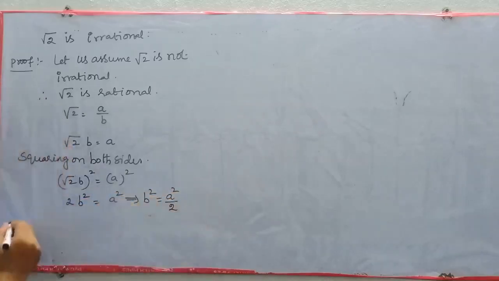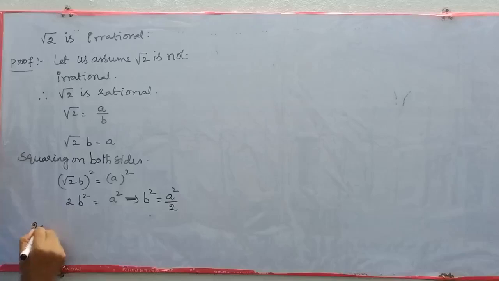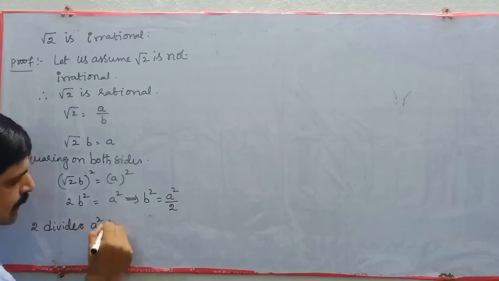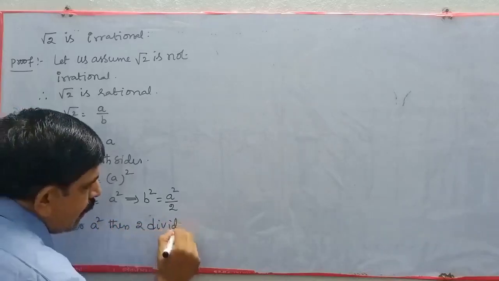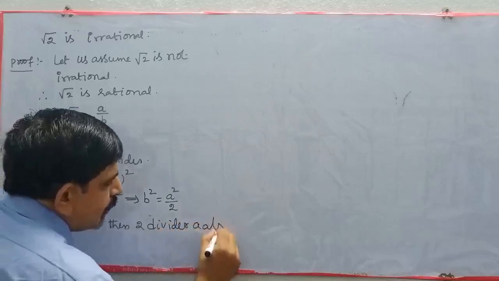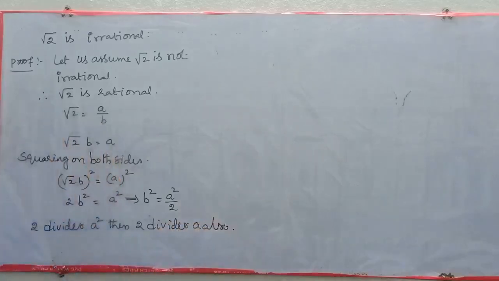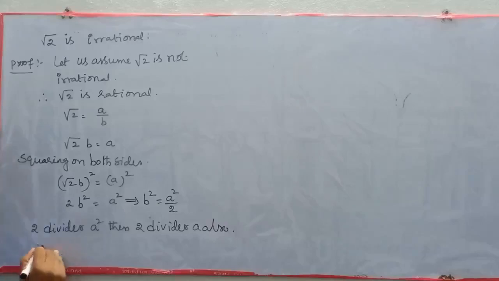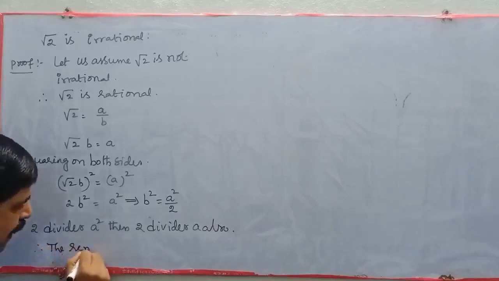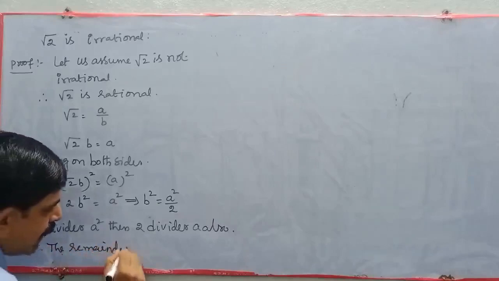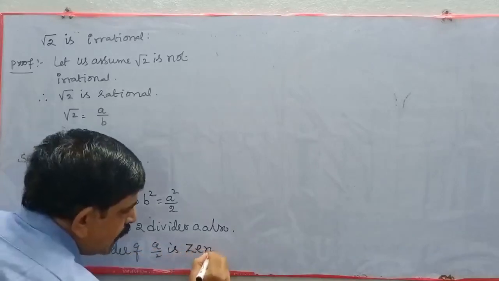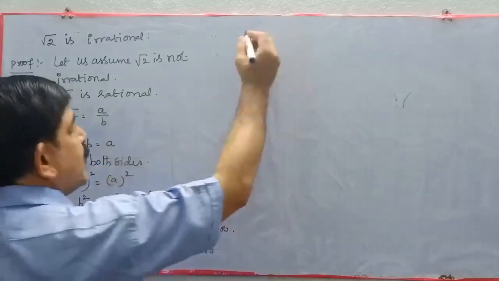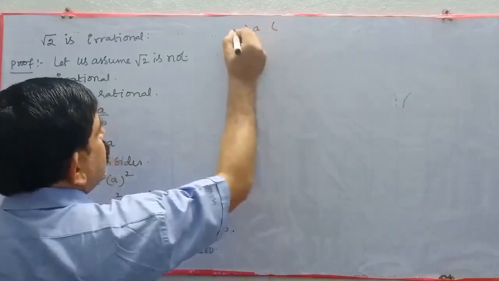Here 2 divides a square, then 2 divides a also. For the remainder of a by 2 is 0. That means let us suppose a divided by 2.